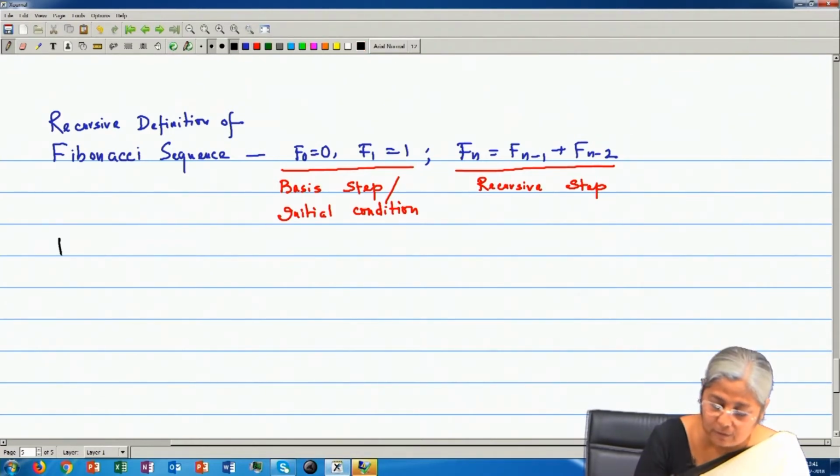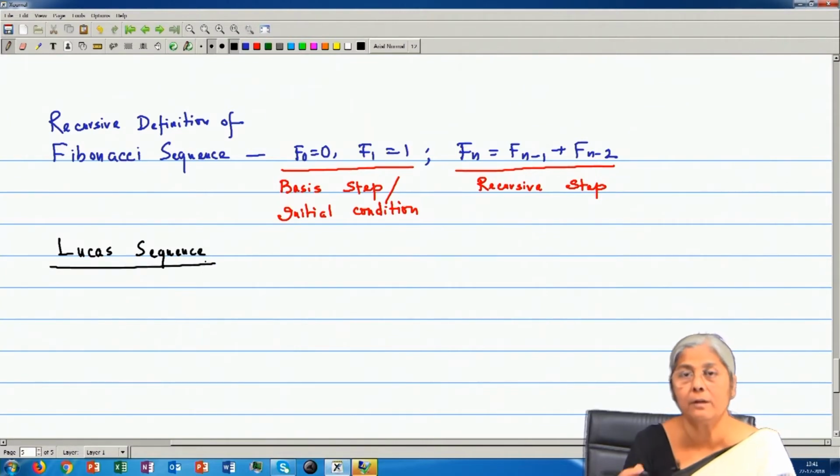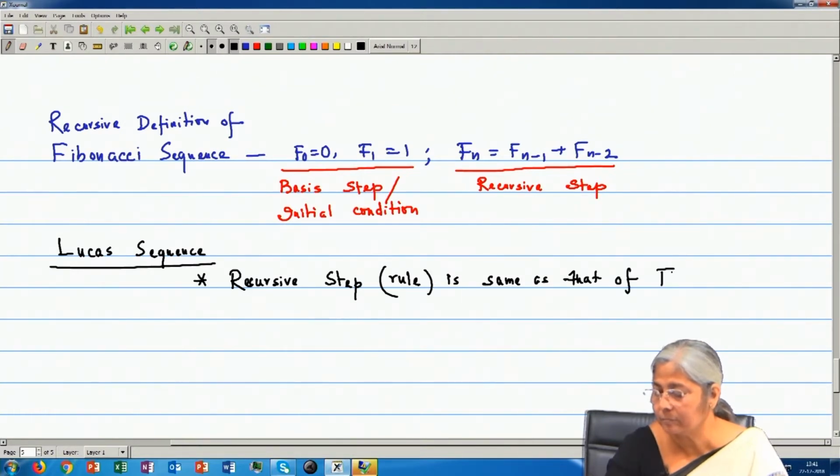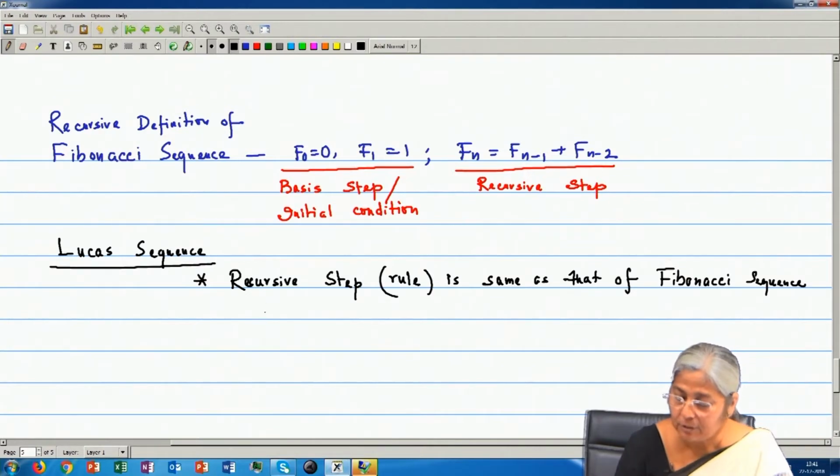In the Lucas sequence, even if the recursive step is the same as that of the Fibonacci sequence, if we represent it as L, then L n is L n minus 1 plus L n minus 2.